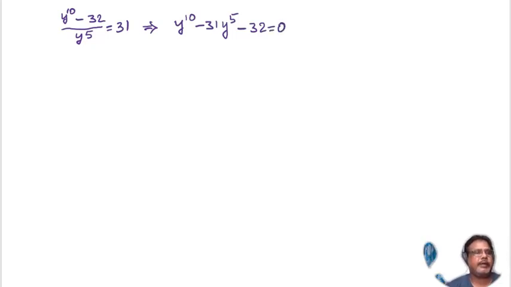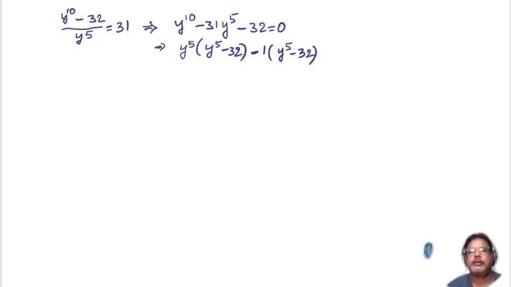It is a quadratic in y power 5. So here I hope you can write the factors. Y power 5 common, y power 5 minus 32, minus 1 into y power 5 minus 32 equal to 0.